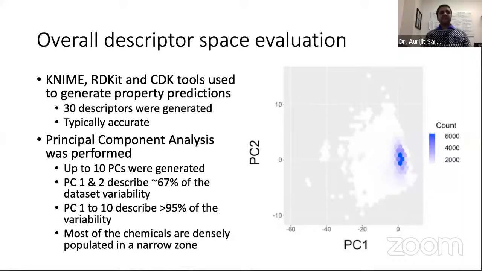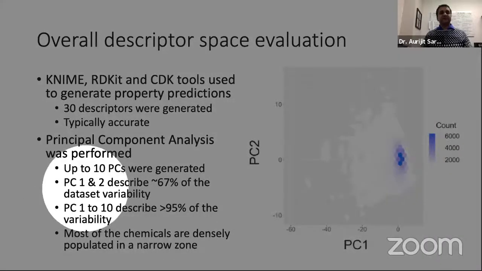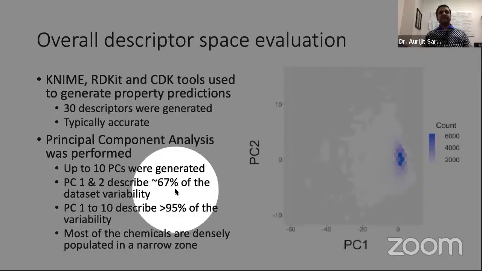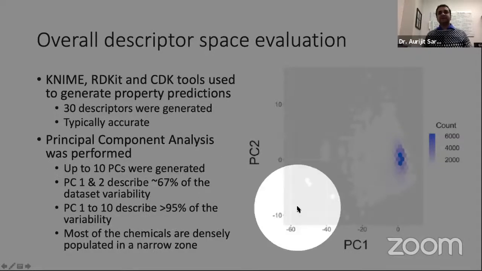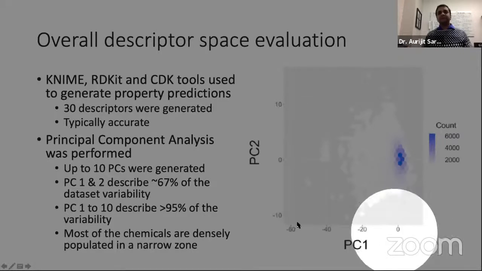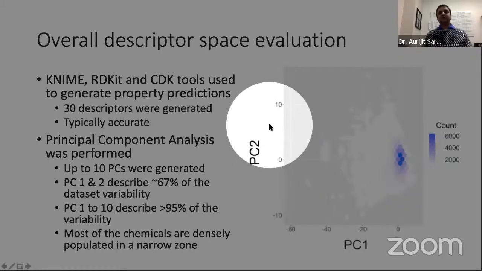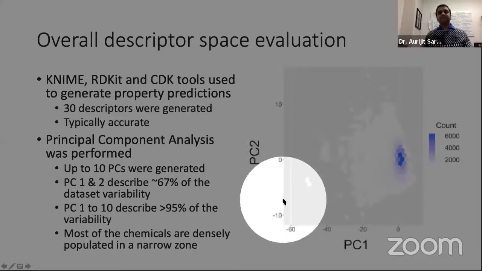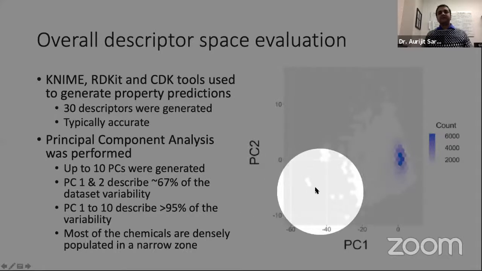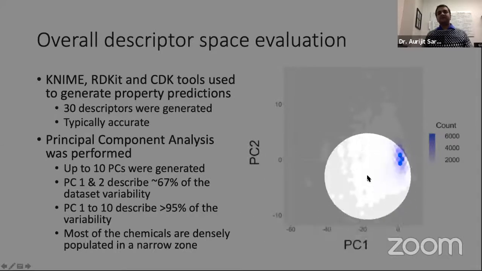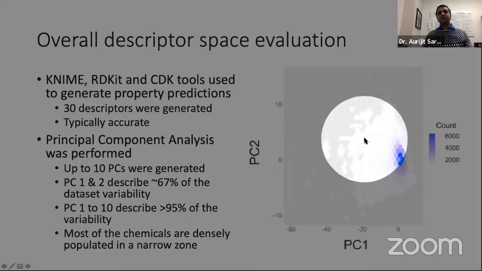So let's just take these first two principal components that really cover most of the variability within the data set. Here's principal component 1. Here's principal component 2. These hexagons with different colors mark where your chemicals lie.